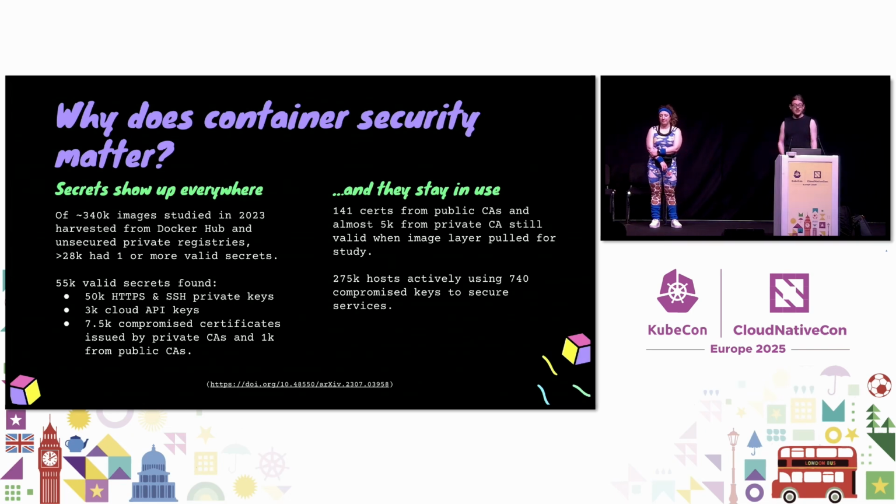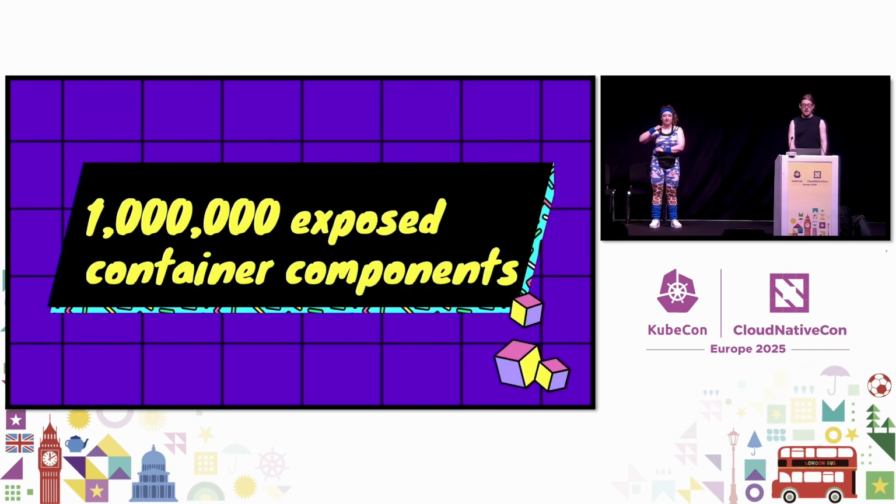You haven't seen anything yet. How about 1 million? 1 million exposed container components on the public internet. Data from 2024 found more than 1 million of these exposed components, and by this they meant REST APIs like the kubelet, the Kubernetes API server, image registries, Docker runtime sockets, or etcd clusters.